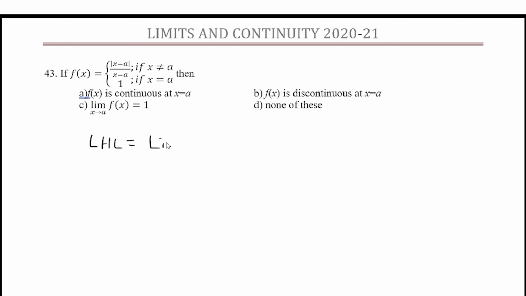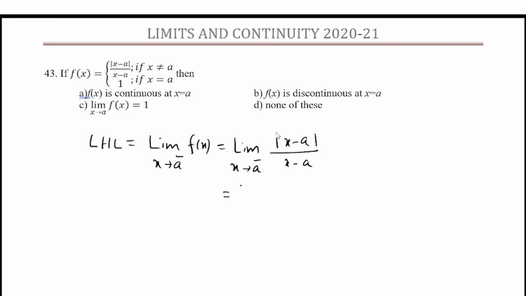So left hand limit formula, limit of f of x as x tends to a minus, that is limit x tends to a minus f of x value mod x minus a divided by x minus a is equal to.